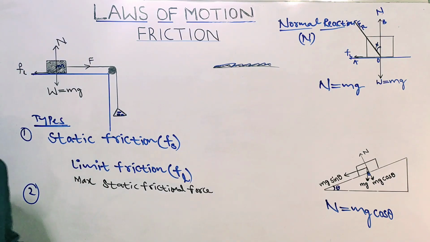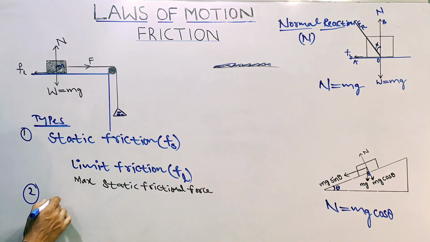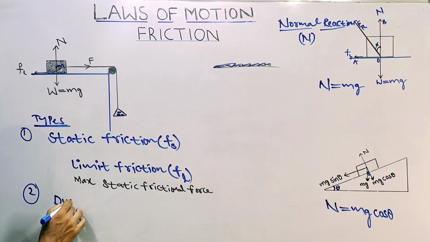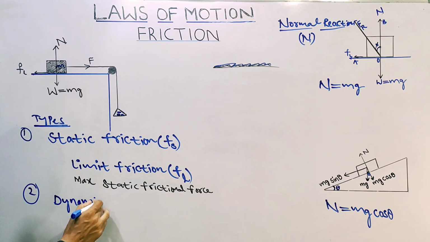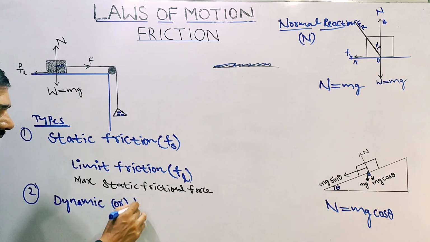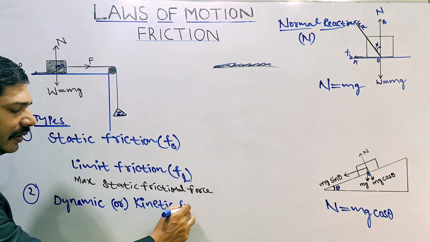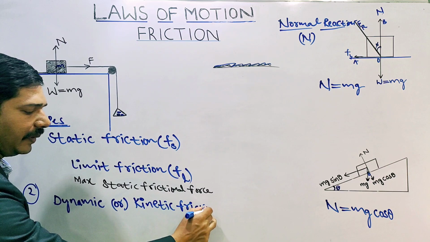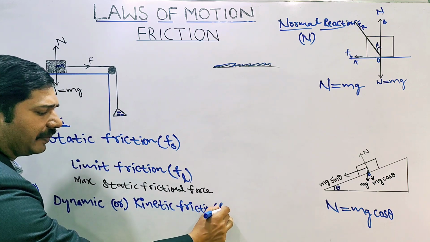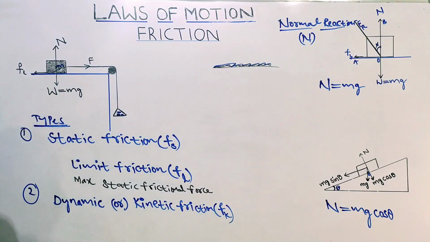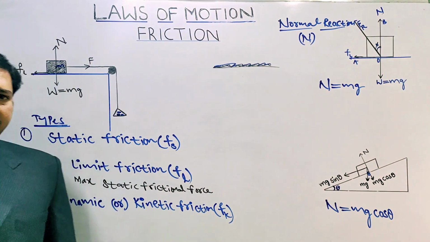It is denoted by the symbol Fk, and we can also call it sliding friction.